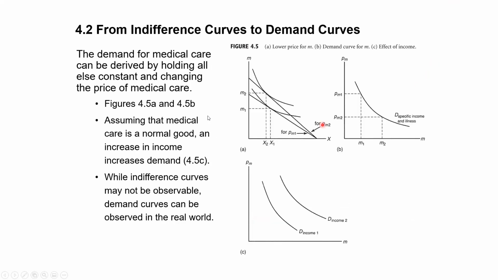So in general, when we talk about indifference curves and utility curves, they are usually unobservable because we cannot measure utility, the satisfaction that people have. You cannot measure psychologically how people feel with regards to their consumption patterns.